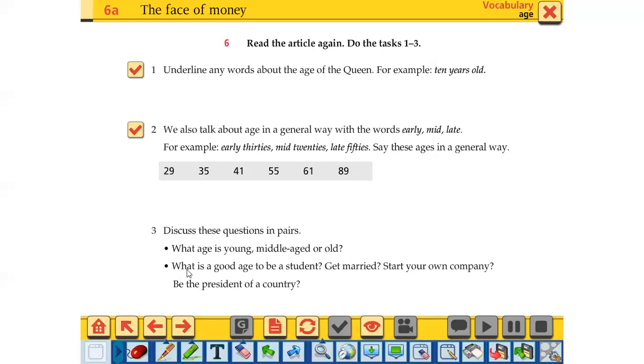Pregunta, ¿cuál es una buena edad para ser un estudiante, para casarse, iniciar una empresa, ser el presidente de un país? Son 4 preguntas que ustedes tienen que responder de acuerdo a su criterio, ¿no?